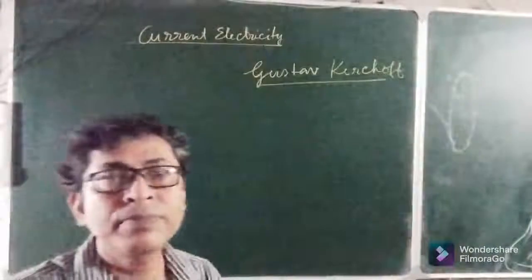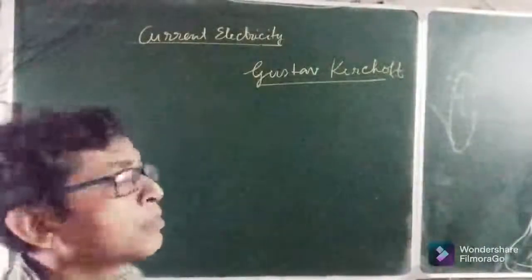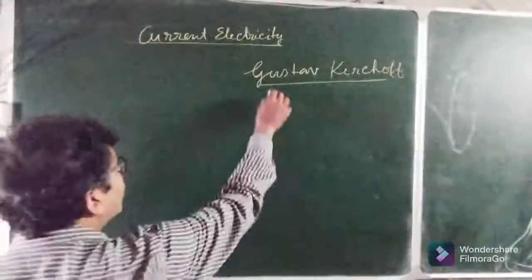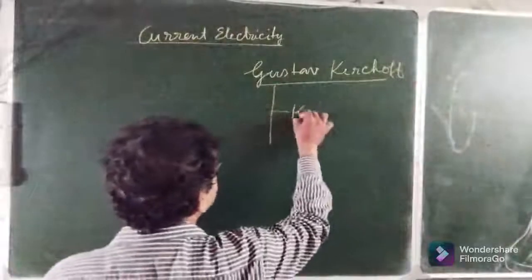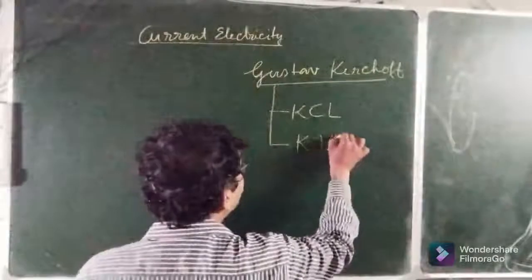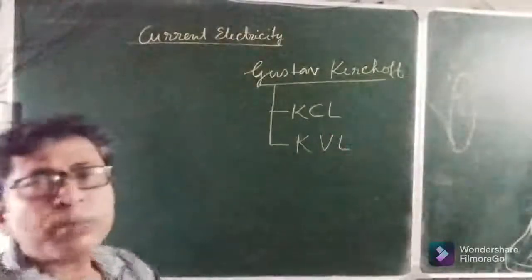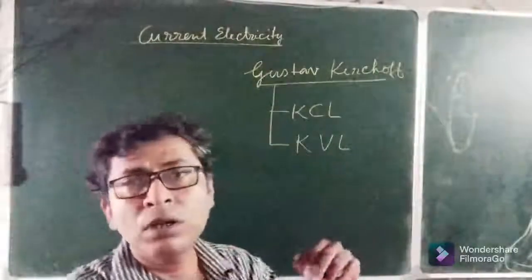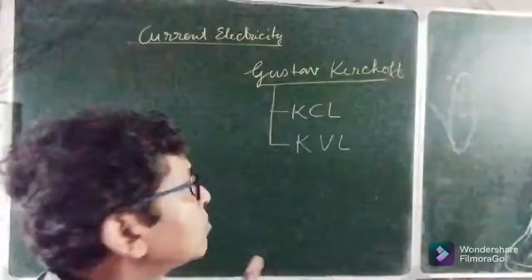According to him, there are two laws. One is called Kirchhoff's Current Law. The other one is called Kirchhoff's Voltage Law. Sometimes it is also called the law of loop.